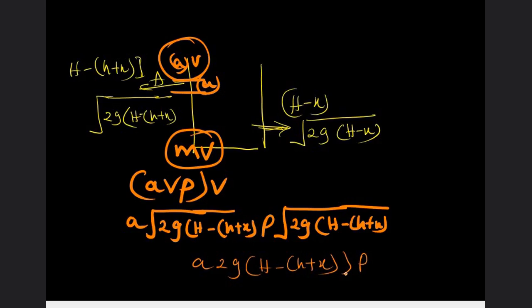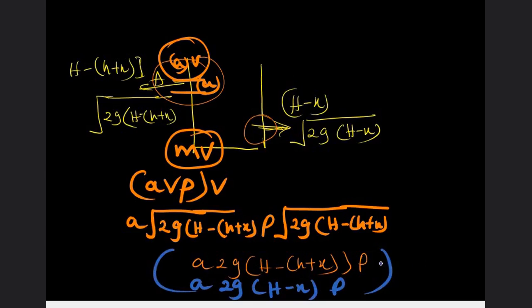This is the momentum from point A. Again from point B we can apply the very same equation: A, 2g, the velocity we can write like this, (H minus x) into rho. So these are the two momentums, mv and mv.